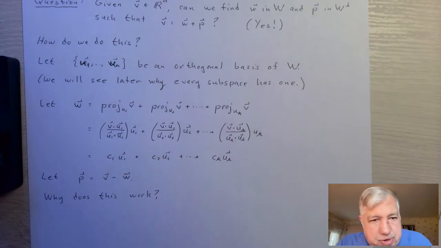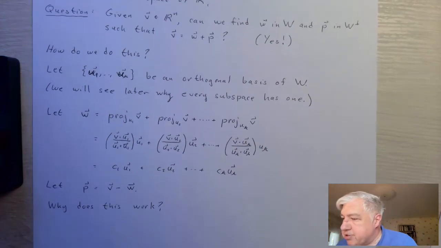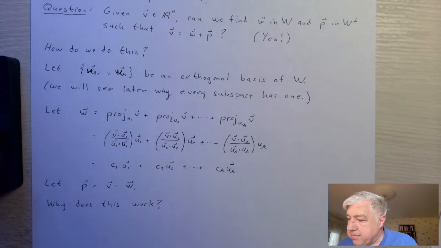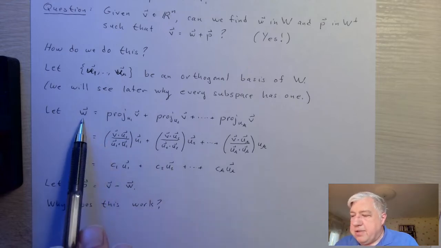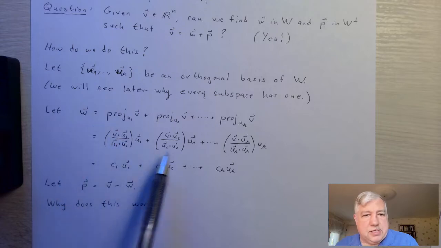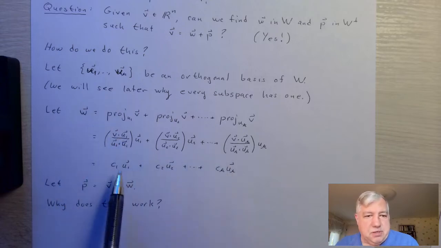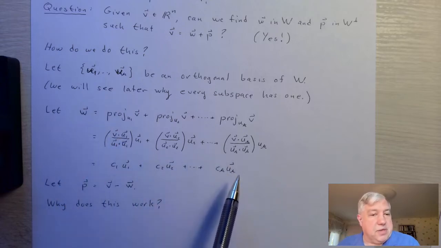What do we actually have to do? We clearly see that this little w has to be in big W, because it's a linear combination of the basis elements.